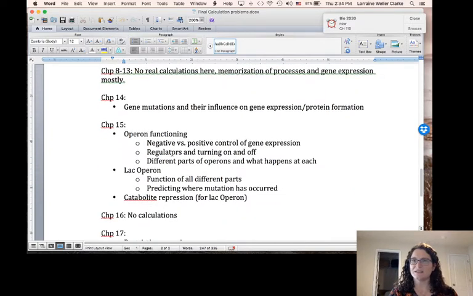Chapter 15, understanding how the operon functions and where each piece clicks in, all the predicting where the mutation would have occurred if something doesn't happen that you expected to happen, sort of putting the pieces together, identifying where things must be mutated, and then understanding when catabolite repression would occur on the lac operon.